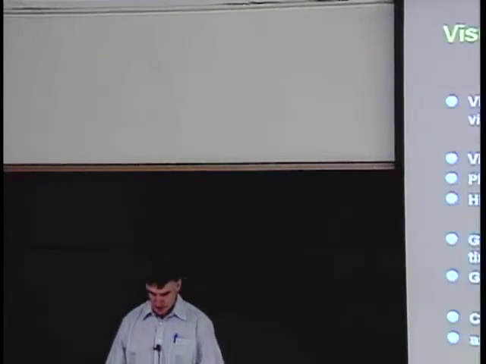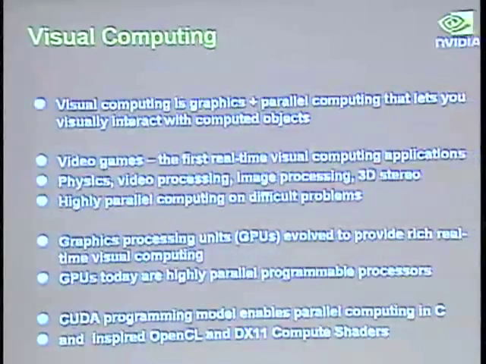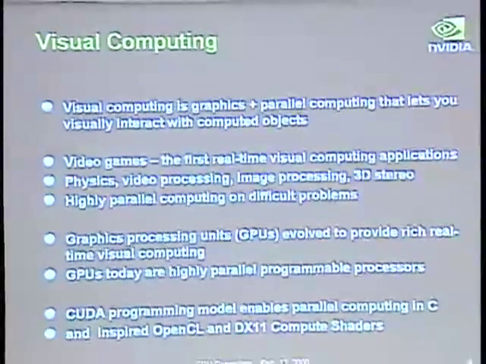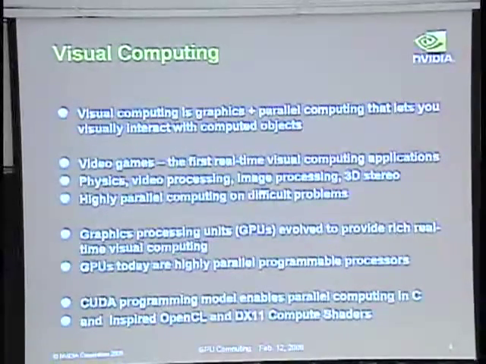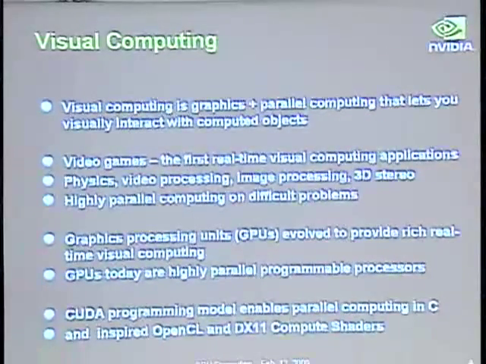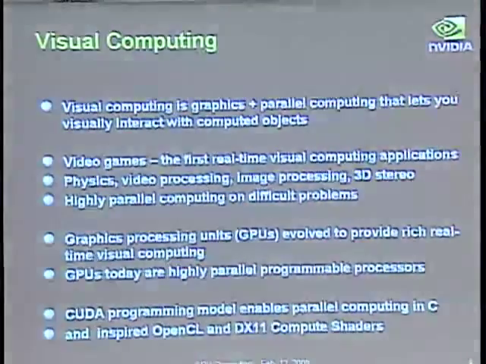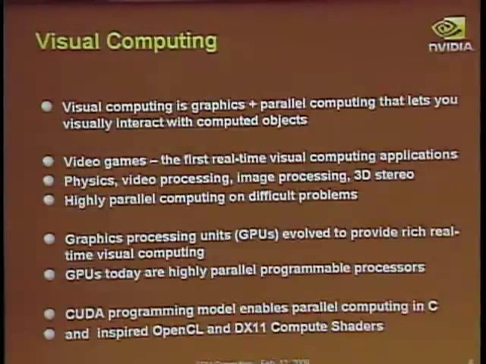So CUDA is a good programming model just because it's relatively simple and it seems to be relatively close to the GPU hardware that we've built. But it's inspired a couple other programming models, and I'm sure more will come. Apple, as you know, is developing this language called OpenCL, which is essentially derived directly from CUDA.